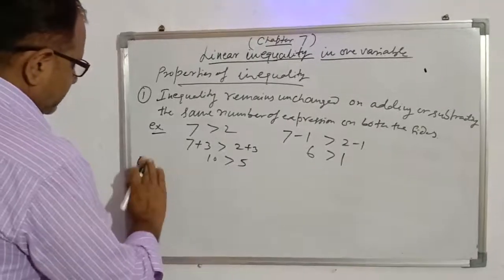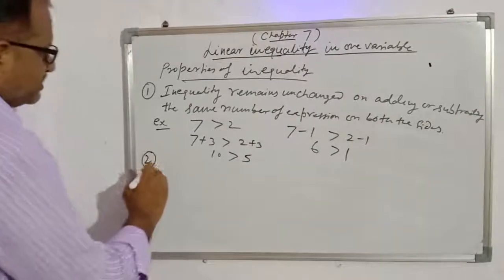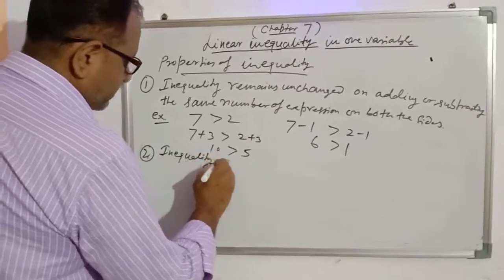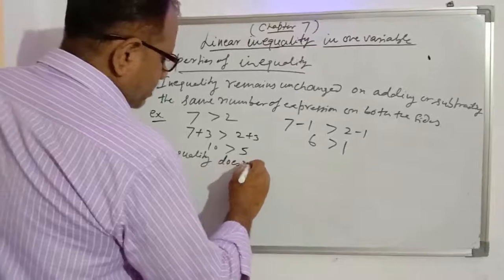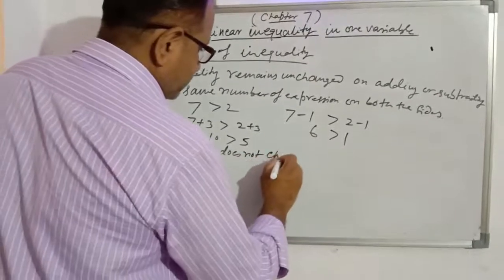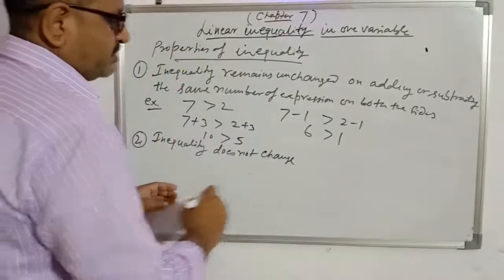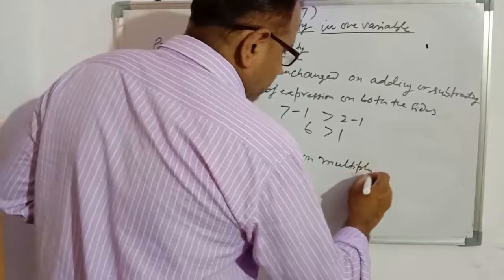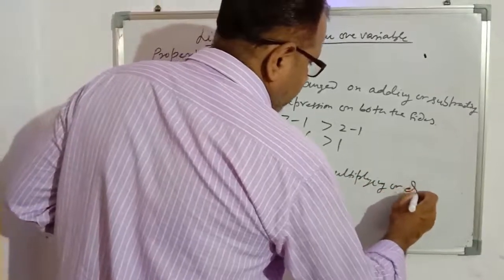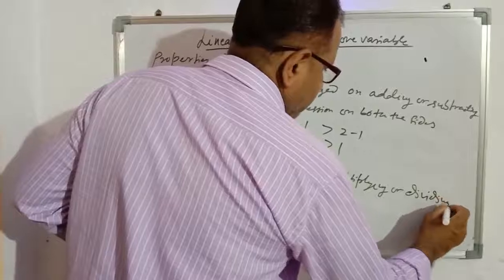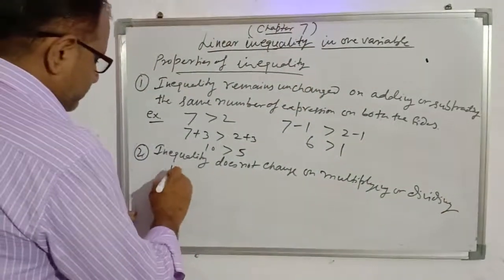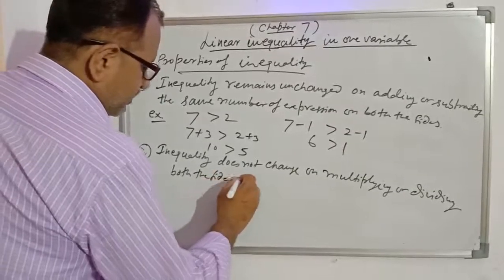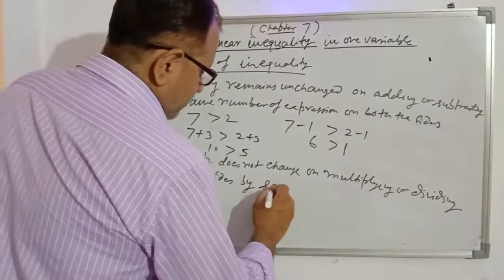Second property: inequality does not change, or remains unchanged, on multiplying or dividing both the sides by the same positive number.